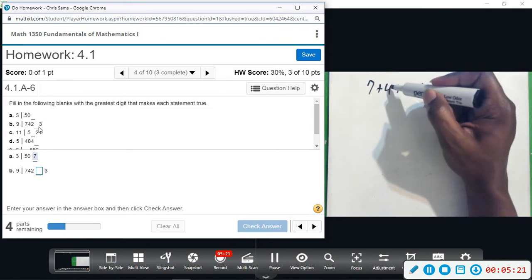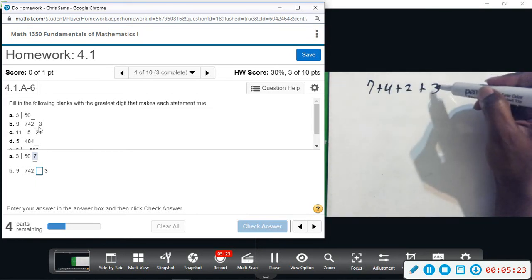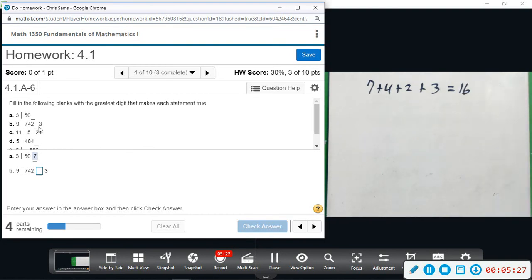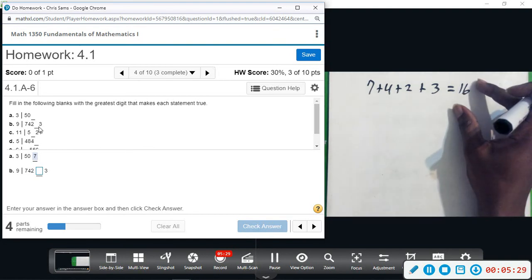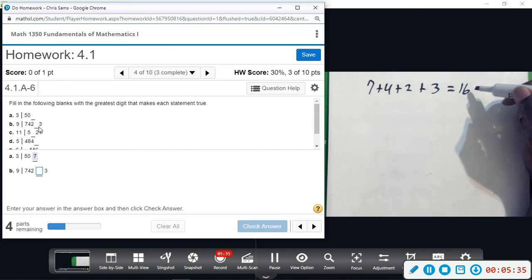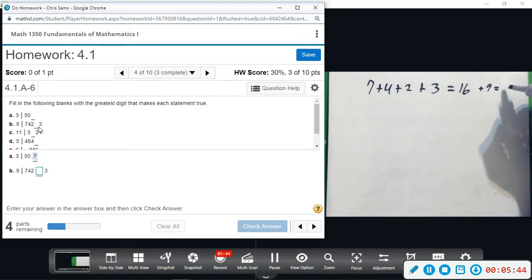This gives us 11, 12, 13, 14, 15, 16. So I want to add something to 16 so that it's divisible by 9. Okay, if we add 9, that will give us 25, which isn't divisible by 9.